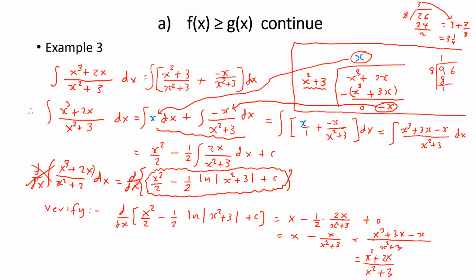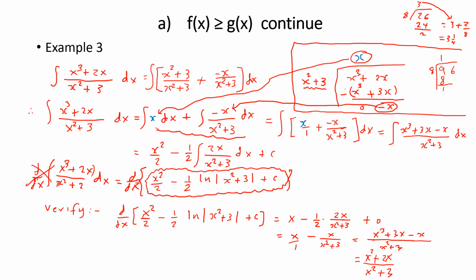And the 0 is because of the constant. Derivative of the constant is 0, but it doesn't matter. So now if we cross multiply, let's just put this divided by 1. If we multiply these, we will get x to the power 3 plus 3x. And then we cross multiply the other side, we'll get negative x.